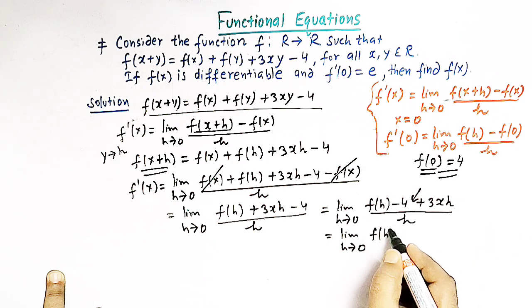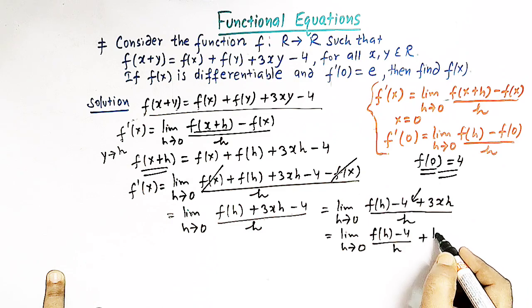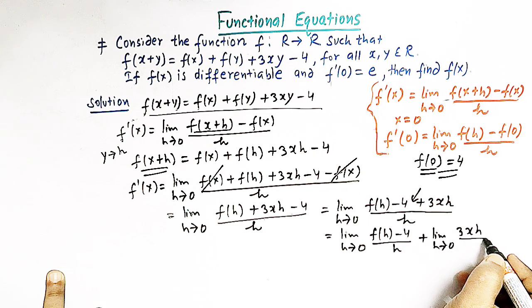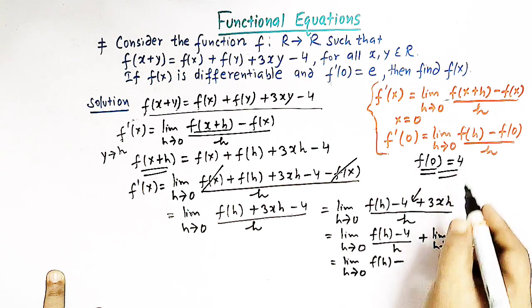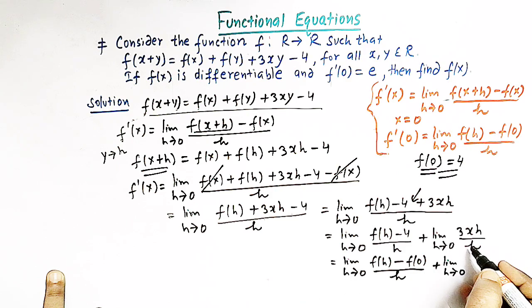So we have limit h tends to 0 of [f(h) − f(0)] over h plus limit h tends to 0 of 3xh divided by h. In the second term, h and h get cancelled, so we have simply 3x.